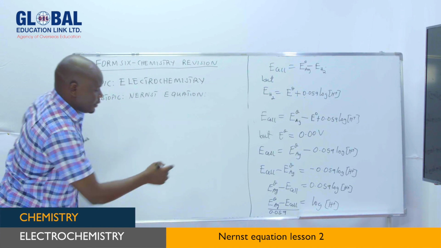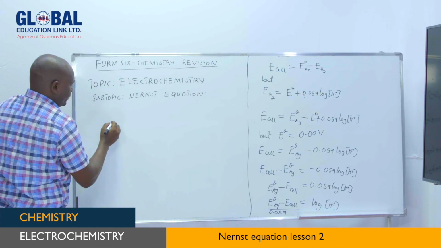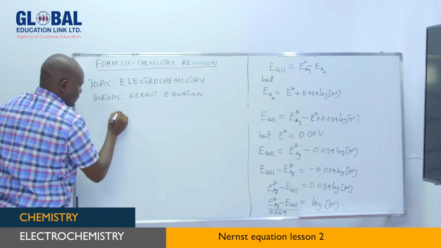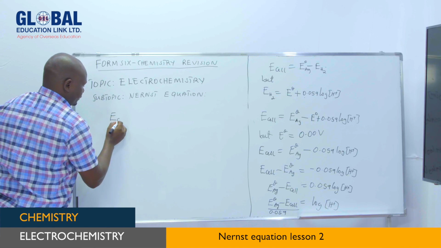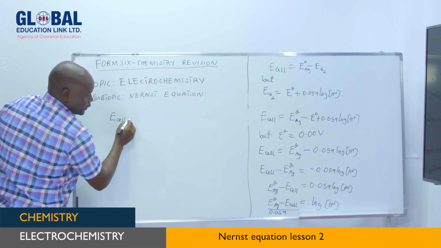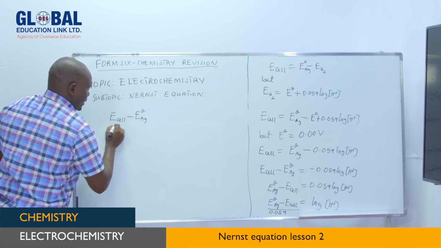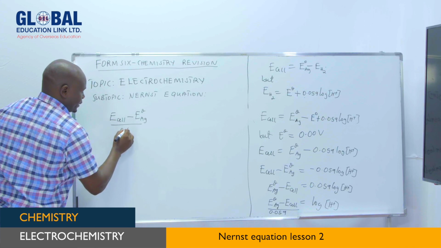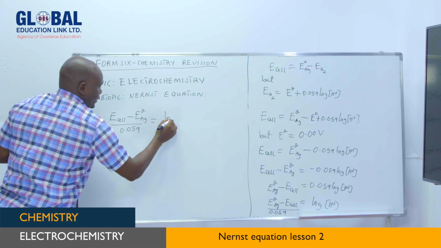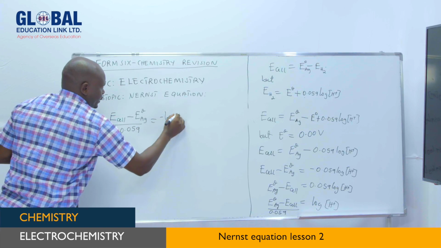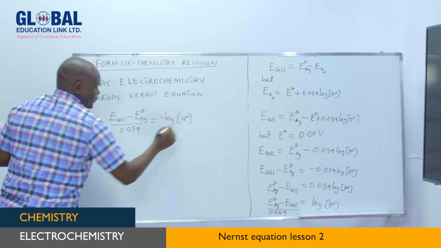So if we multiply, this equation now will be E of cell minus standard electrode potential of silver, divided by 0.059, equal to negative log of concentration of hydrogen ions.